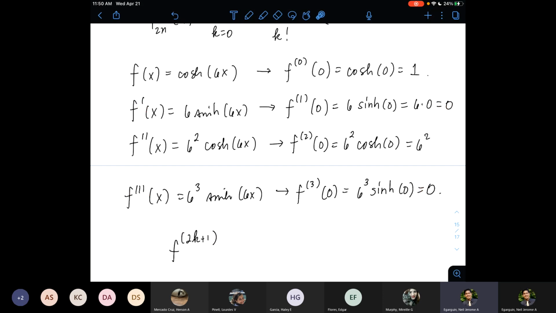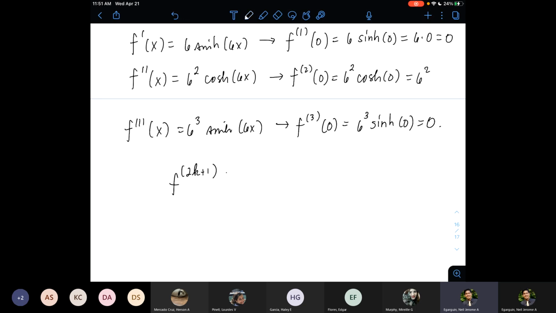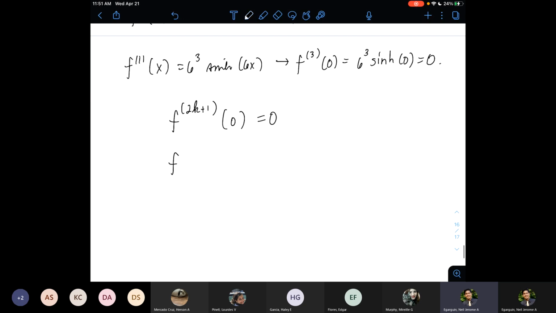If you go to the fifth derivative, you also see that this will be 0 because they will just alternate, right? 1, 0, 6 squared, 0. This will be followed by 6 to the 4th, then 0, 6 to the 6th, and then 0, and so on. So the odd derivatives evaluated at 0 will be 0, while the even derivatives will be what?